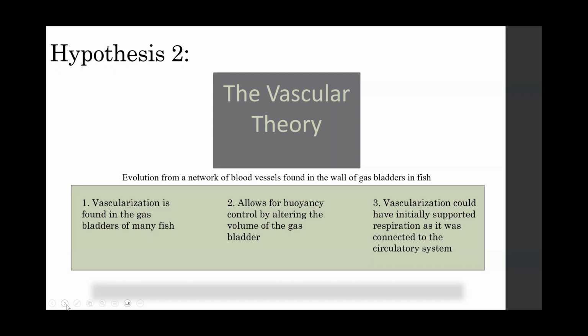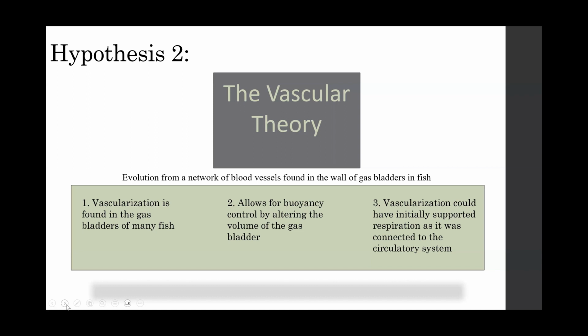So I guess that's more or less 1 and 3 combined, but our second piece of research also states that it allows for buoyancy control through the altering of these gases in the bladder.